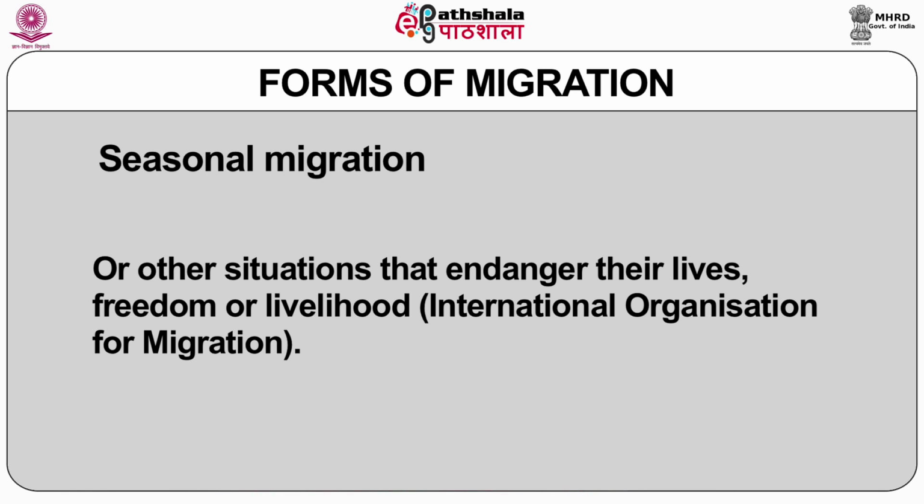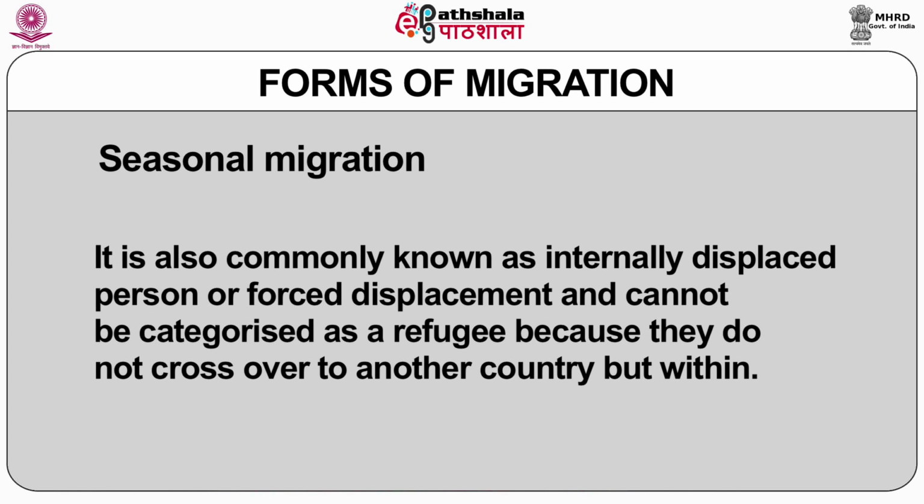Internal migration is also commonly known as internally displaced persons or forced displacement, and cannot be characterized as a refugee because they do not cross over to another country but move within.